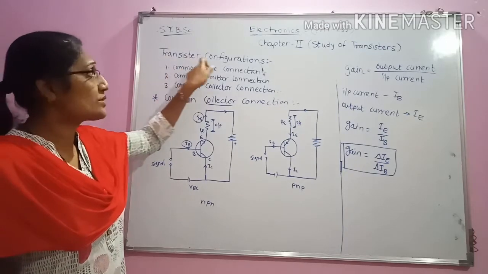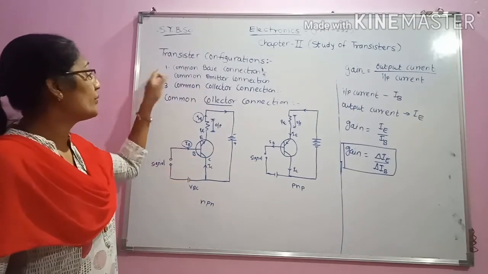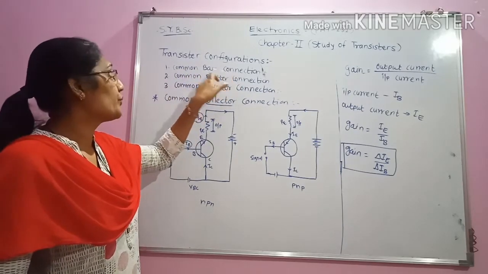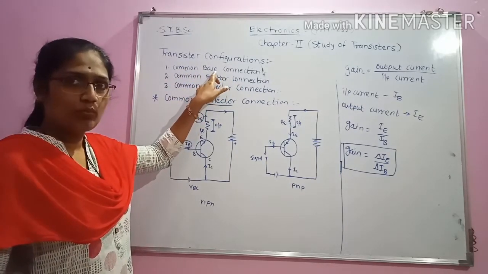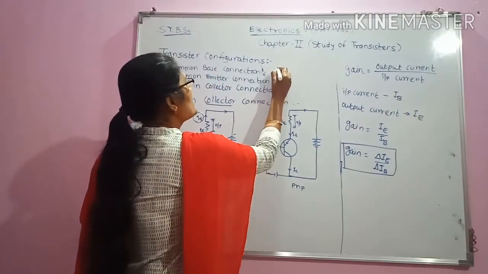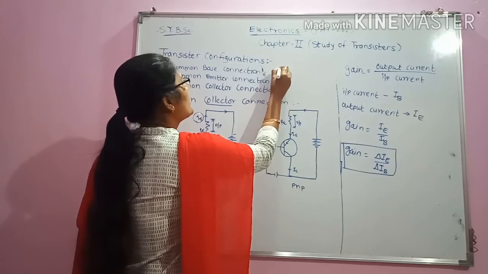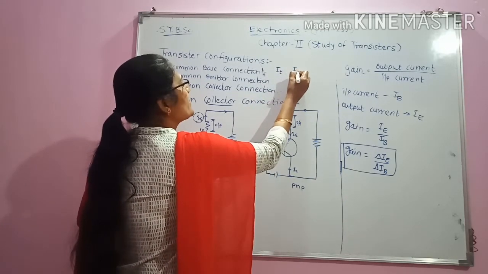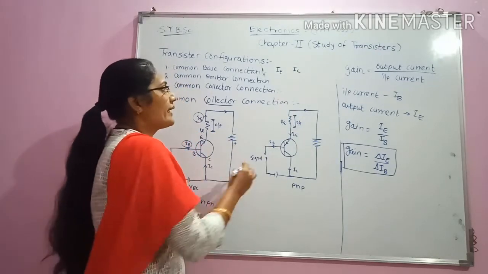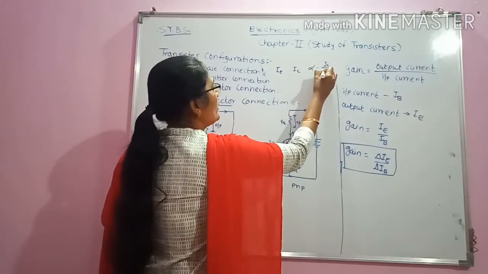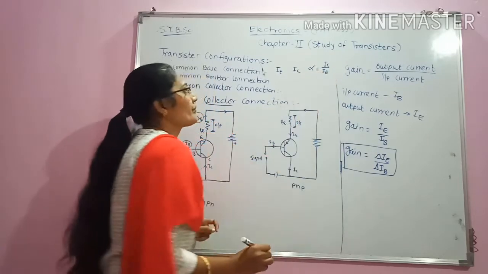in case of transistor configuration, we have covered the points such as what is common base connection, where we have made its base common. Here, in case of common base connection, its input is given by IE and its output is given by IC, and hence its alpha is given by IC upon IE.